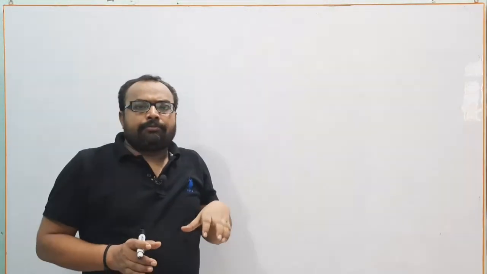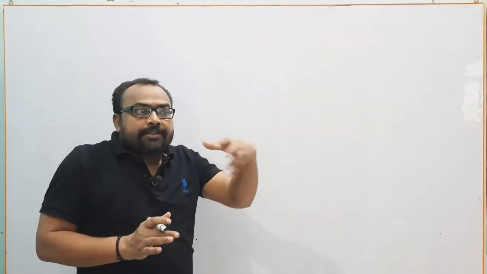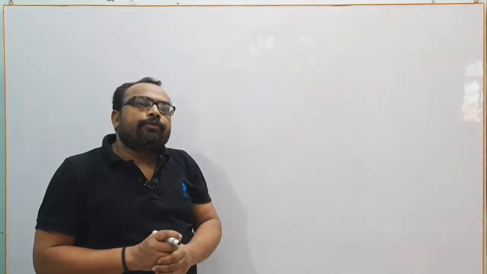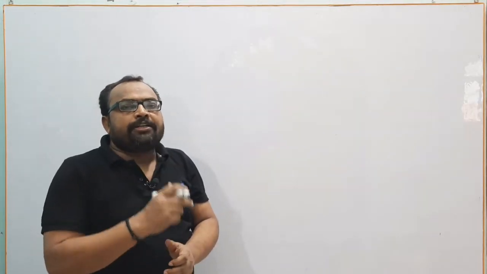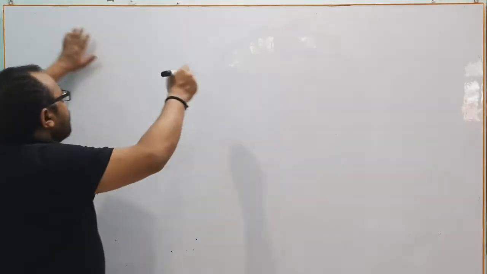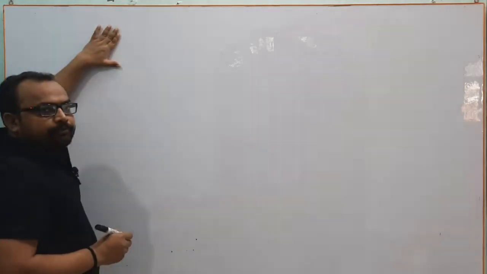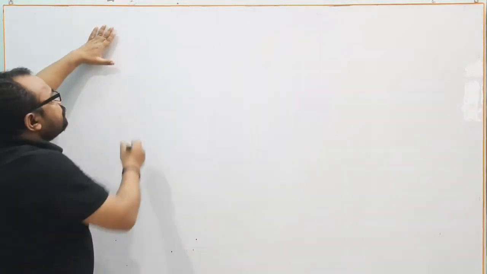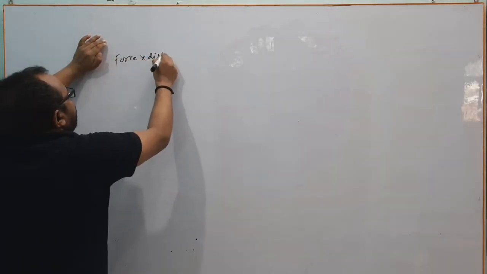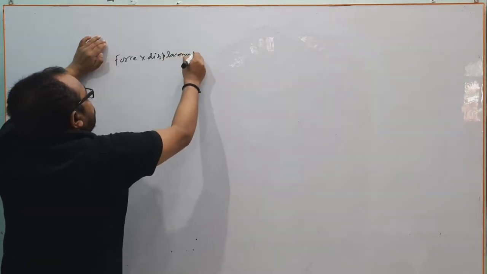Students, if the product of two vectors is a scalar quantity, then the sign of multiplication between two vectors is taken as dot. As for example, if we multiply force and displacement, force into displacement, you know what will be this?